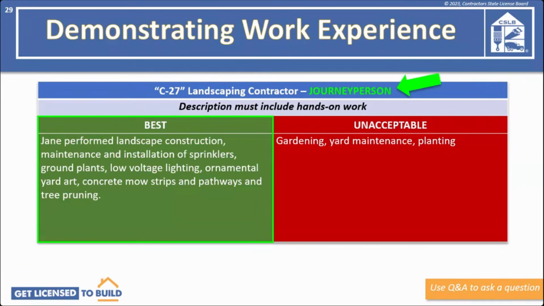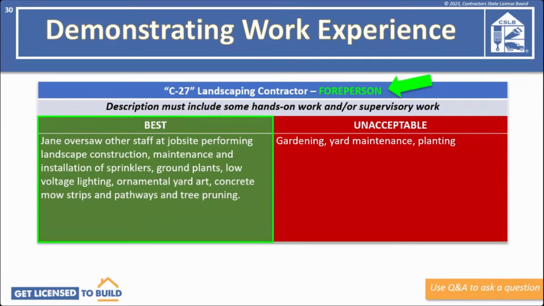The best type of description your certifier would use would be: Jane performed landscape construction, maintenance, and installation of sprinklers, ground plants, low voltage lighting, ornamental yard art, concrete mow strips, and pathways and tree pruning. An unacceptable explanation would be gardening, yard maintenance, planting.